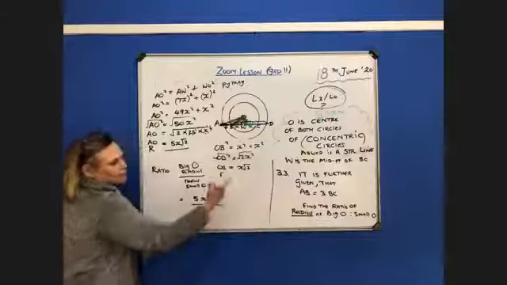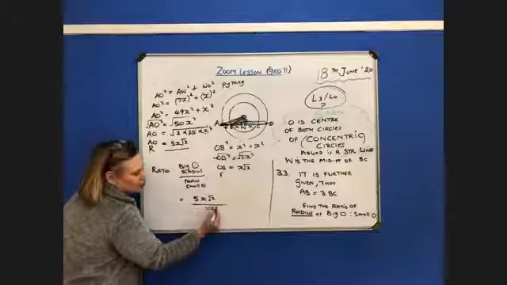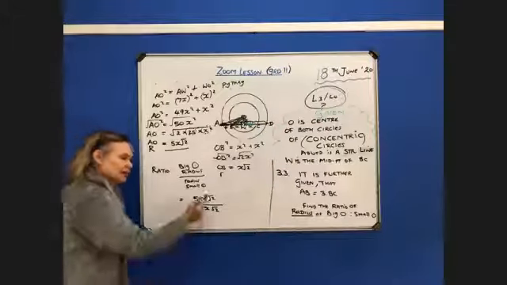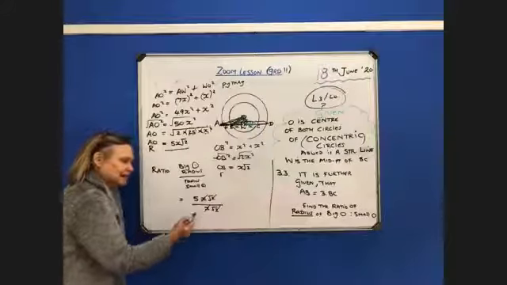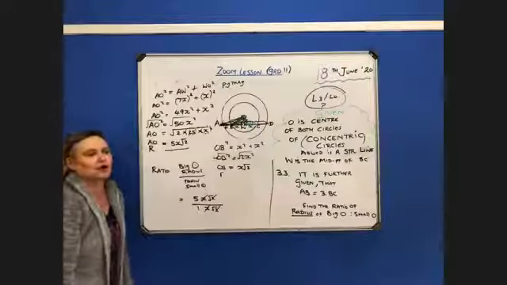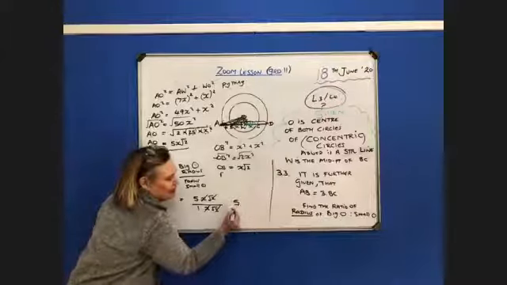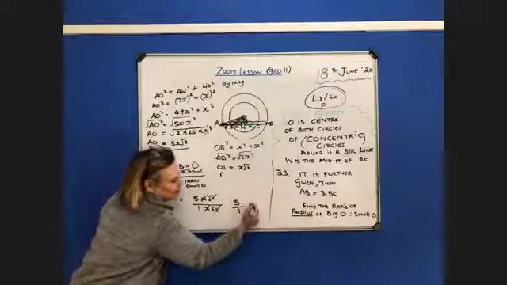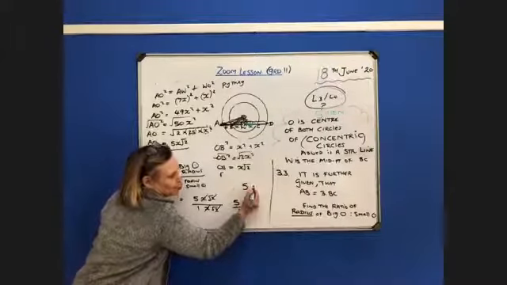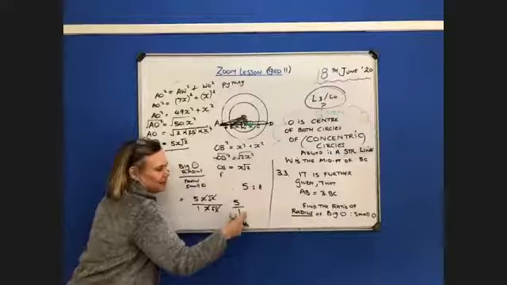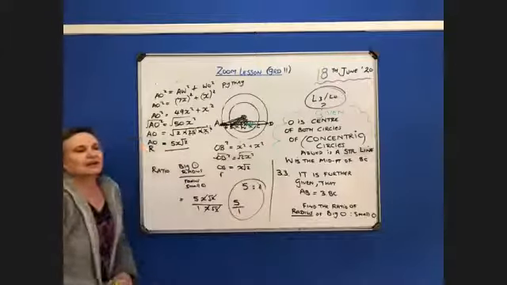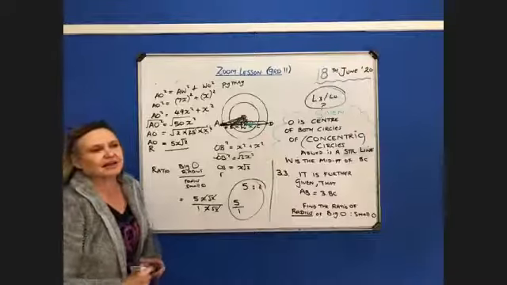The radius of the small circle is x√2. So if you cancel that and you cancel that, you're left with 5 over 1. So it is 5 over 1, or you could say it is 5 is to 1. That and that would both be accepted. That was a very, very clever question.